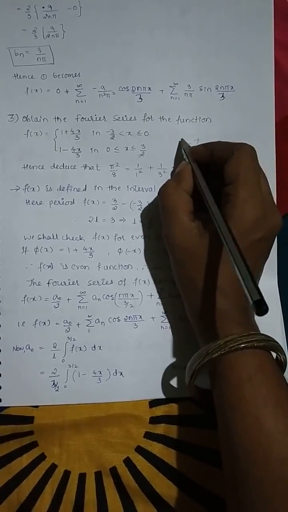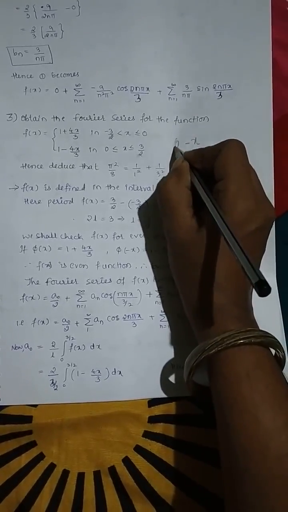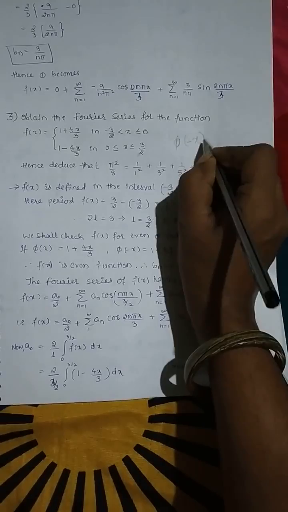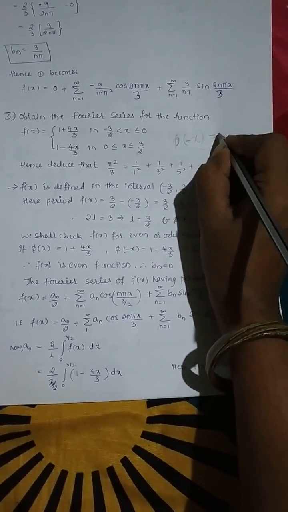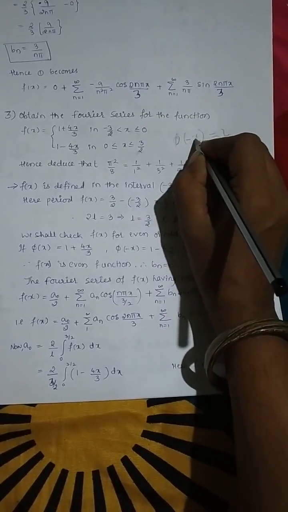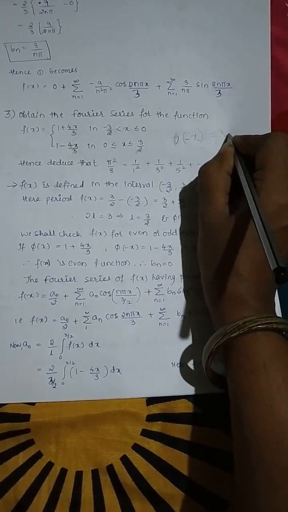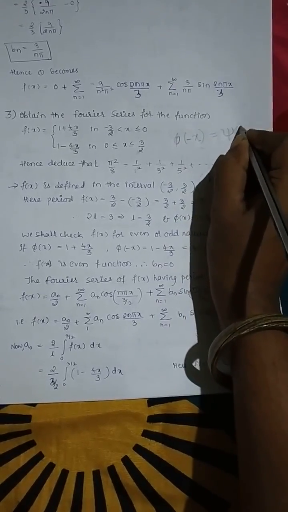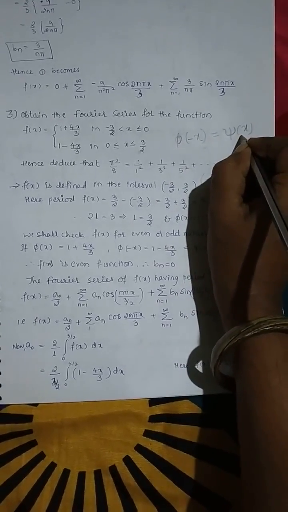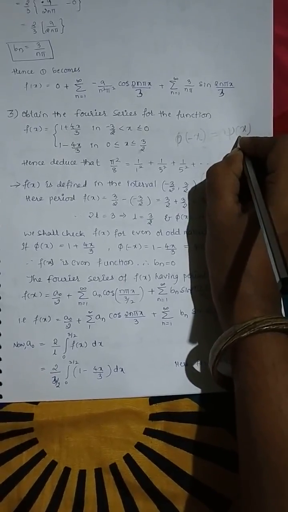Since two functions are there, we need to check phi of minus x against psi of x. If phi of minus x equals psi of x, then the given function is even.